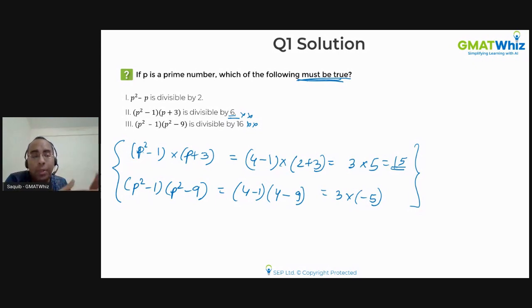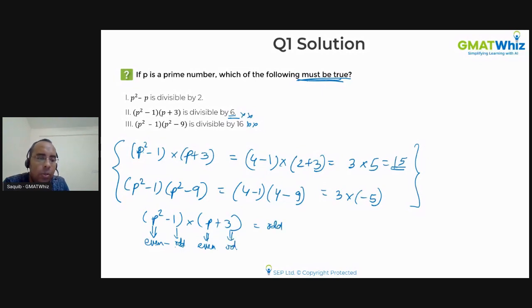Now, the other way to think about it, if you want a methodical way of solving it, you could have said it in this way. Those of you who know the even odd concept, you could have said that if I put an even prime number here, and an even prime number here, notice even minus odd would give you odd, and even plus odd will also give you odd.